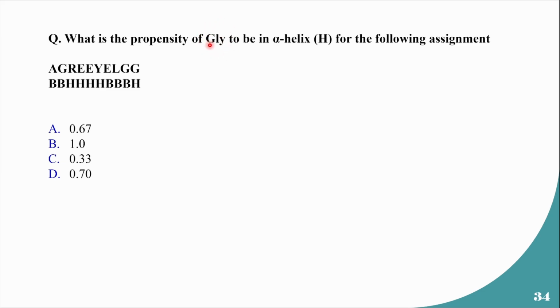For example, here it is asking what the propensity of glycine to be in alpha helix is. If it has a high propensity to be present in alpha helix, then you might think that if I have a number of glycines, the secondary structure could be alpha helical in that case. Those are the sorts of inferences you might draw.